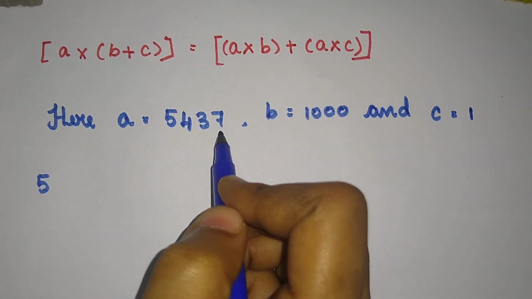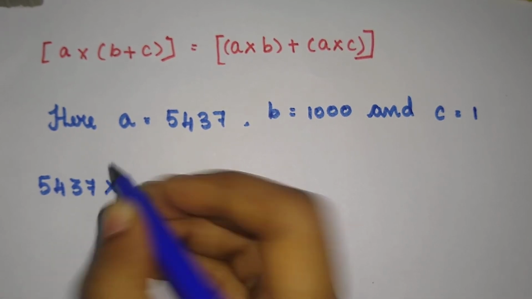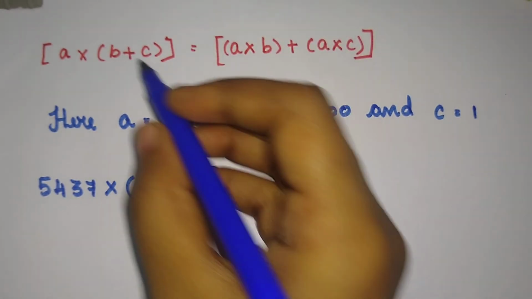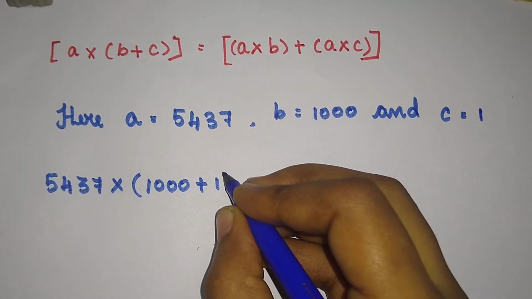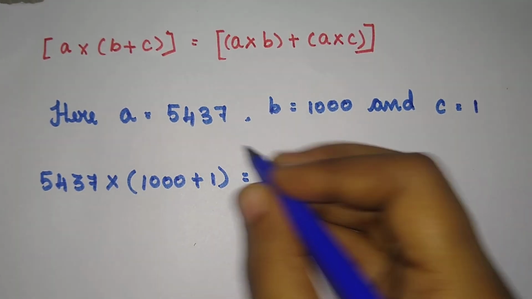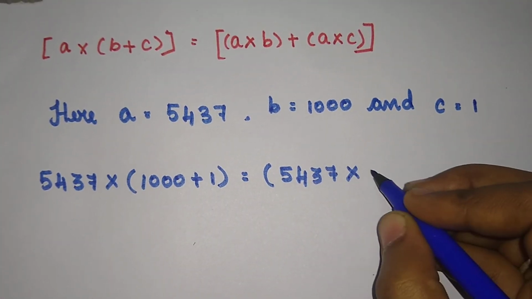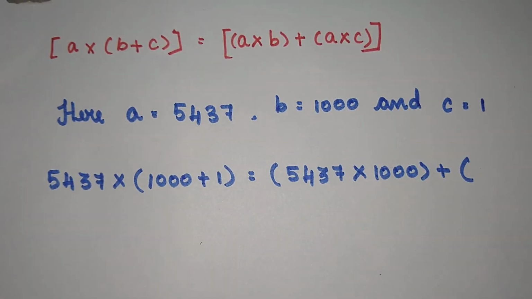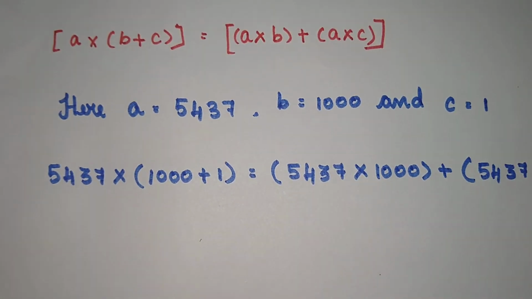So here A is 5437 into (B is 1000 plus C is 1). Next, A into B: 5437 into 1000. Like that, A into C: 5437 into 1.